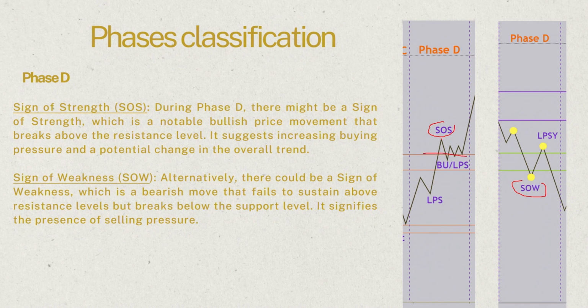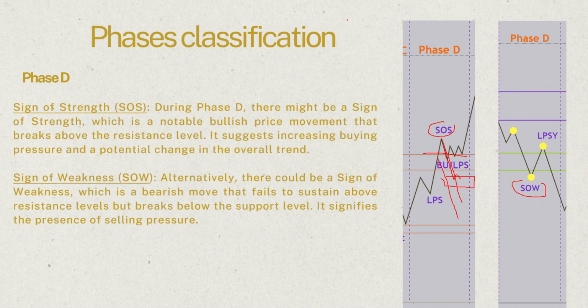But in this case, there is no recovery into the trading range. Of course, you could have movement back to a particular level, but it will not come back deep into the trading range. And it suggests increasing buying pressure and potential change of trend. That is actually what that means.